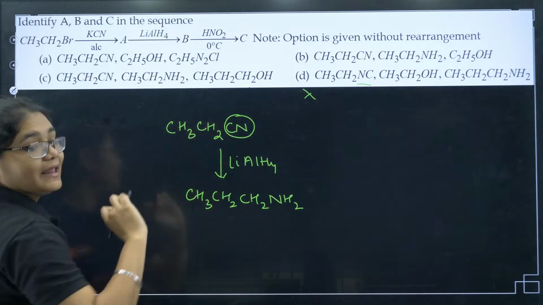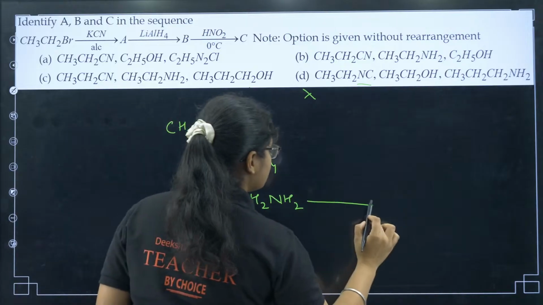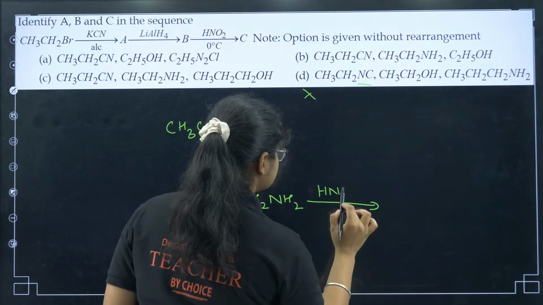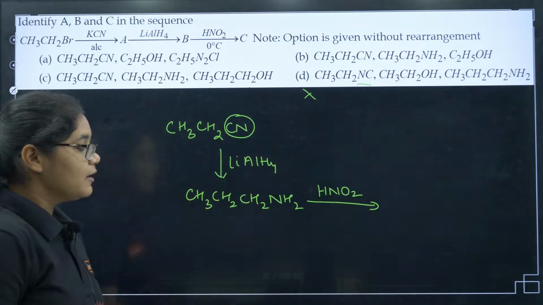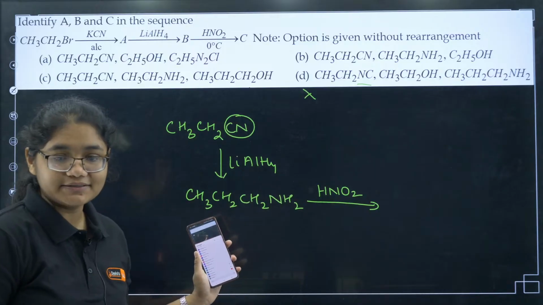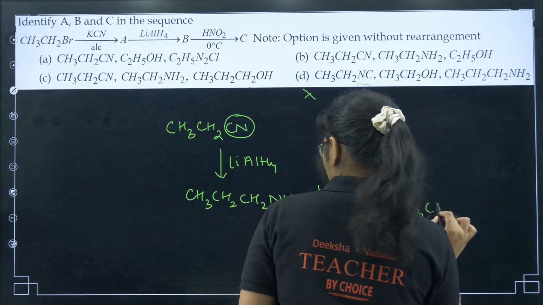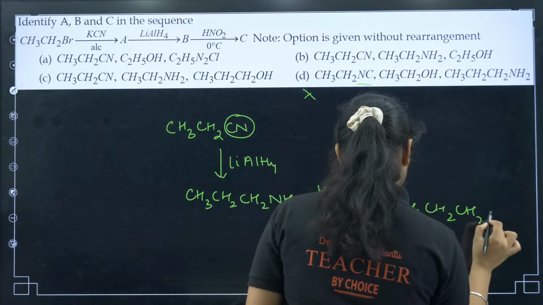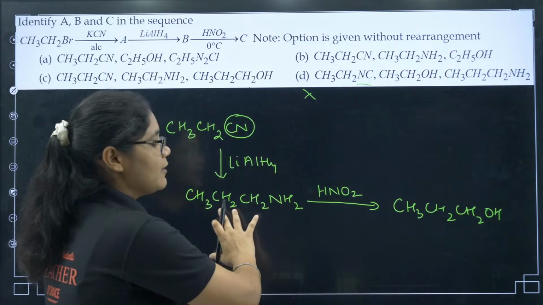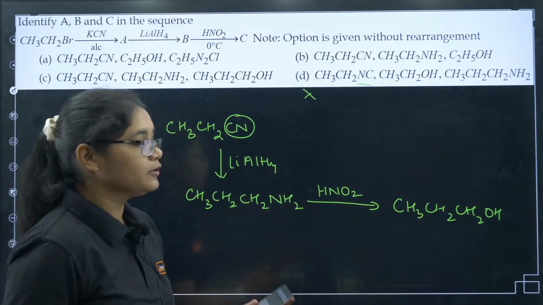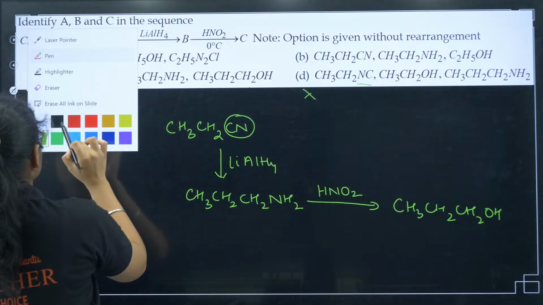Now if you treat it with nitrous acid, what will happen? This will get converted to alcohols. So remember, aliphatic amines with HNO2, nitrous acid, will give you alcohols. So I have here which option?